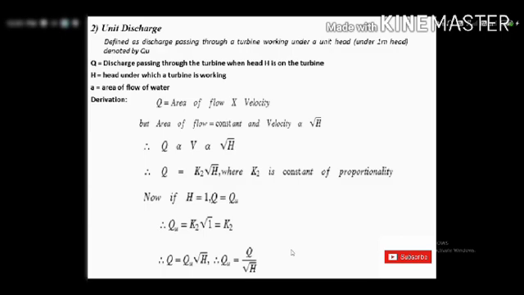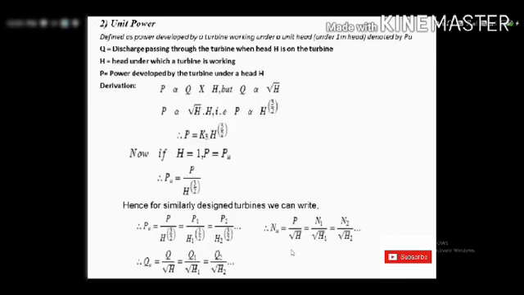आता Q आणि H मध्ये रिलेशन तर माहितीच आहे. Q आणि H मध्ये रिलेशन काय? डायरेक्टली प्रोपोर्शनल विथ स्क्वेअर रूट ऑफ एच. तर Q च्या ऐवजी आपण काय पुट करू शकतो? P is directly proportional with square root of h into h. आता स्क्वेअर रूट ऑफ एच इंटू एच म्हणजे किती झालं? h raised to 3/2. So we can find out that P is directly proportional with h raised to 3/2.